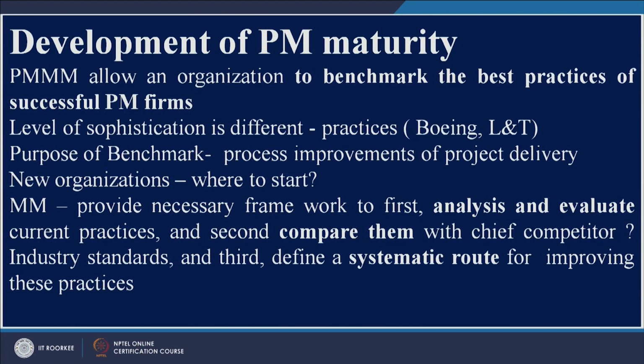So, what should you do? You should try to move in that direction. Initially you will have different levels of sophistication, and we do accept that organizations have different sophistication levels. So, the purpose of benchmarking is to improve our processes. We benchmark our processes with the industry leader.